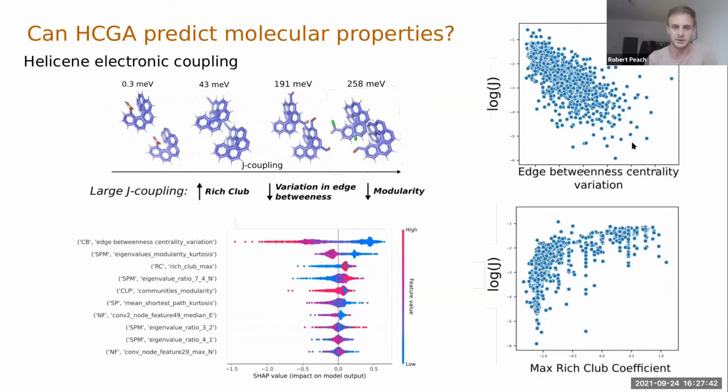But these features are quite good at predicting these physical properties. I don't want to go into the details of why this might be the case. We tried to provide some interpretation of this, but it's good to see that it works on molecular properties and in a regression-based format.